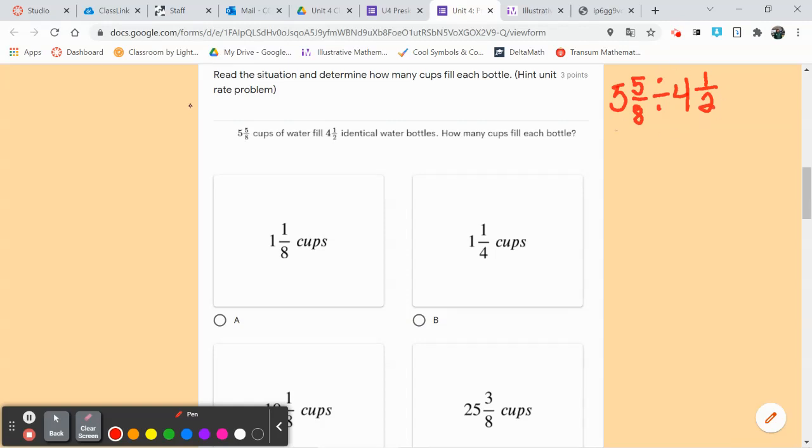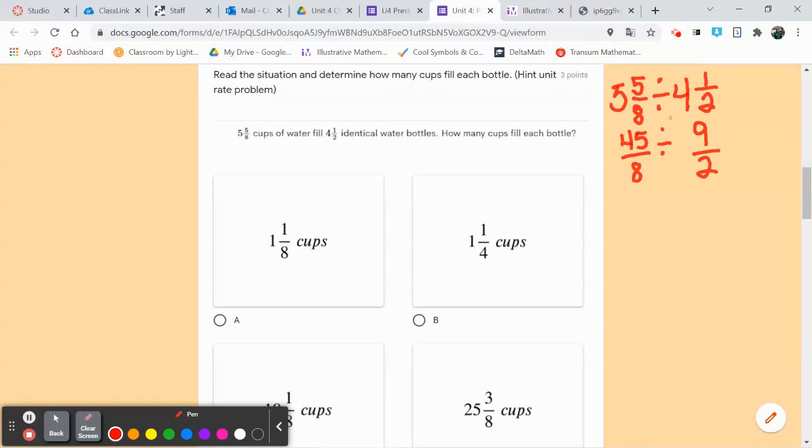We need to make these improper fractions first. We keep the same denominator to get the new numerator. The denominator times the whole number plus the top. 8 times 5 is 40, plus 5 more is 45. Divided by, keep the same denominator. 2 times 4 is 8, plus 1 more is 9.